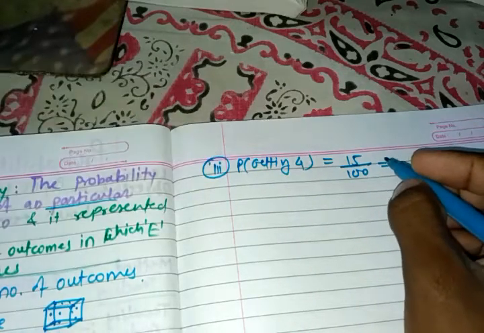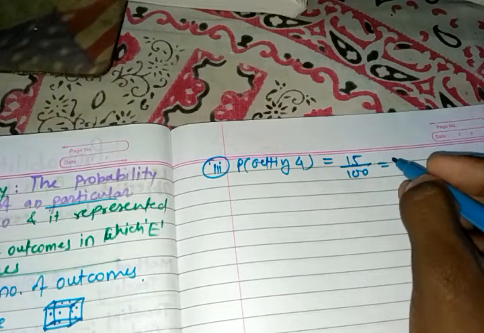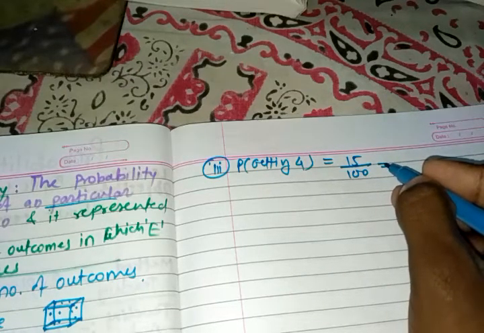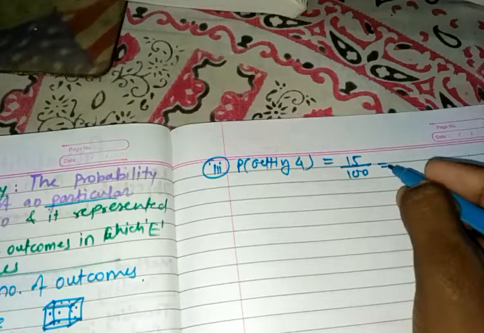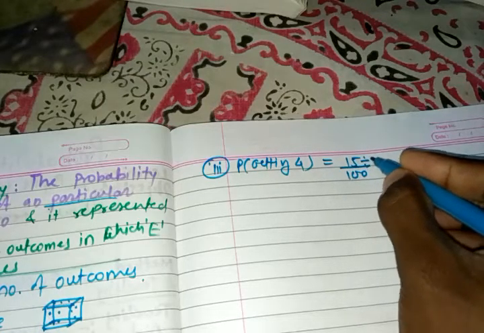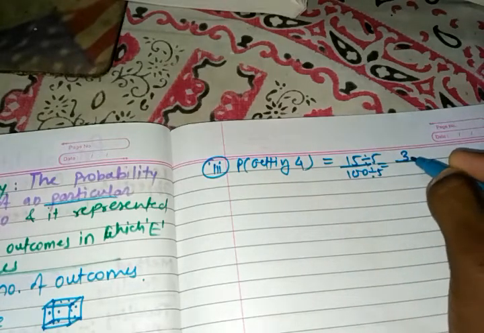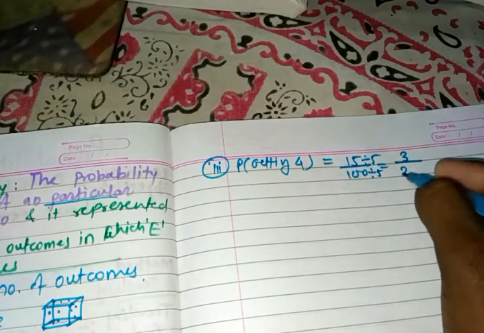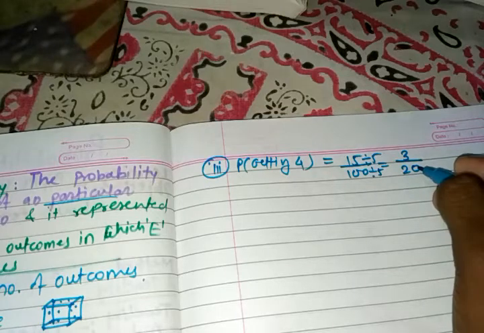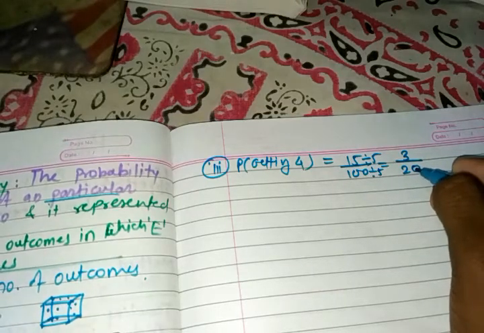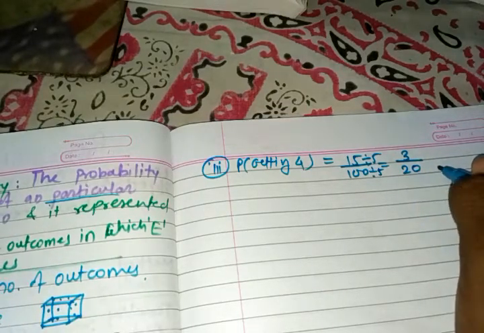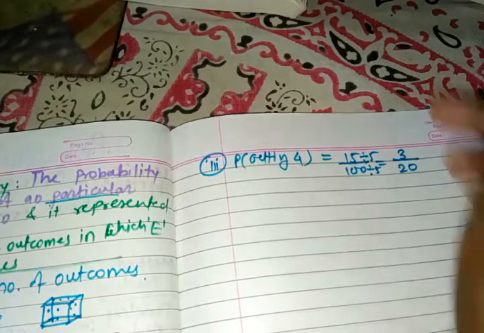So 15 by 100. Yes, we can divide it by 5. 5 3s are 15 and 5 20s are 100, so the answer is 3 by 20.